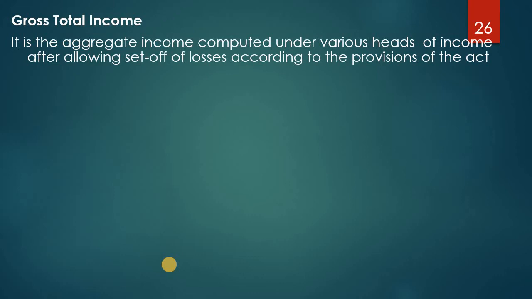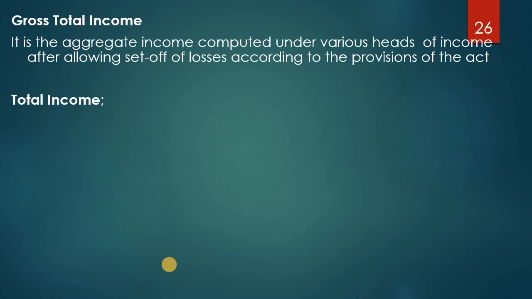In income tax, there are five heads: income from salary, income from house property, income from business or profession, income from capital gain, and income from other sources. Income from all these five sources is computed, and whatever income you get is known as gross total income, after allowing set off of losses and carry forwards.